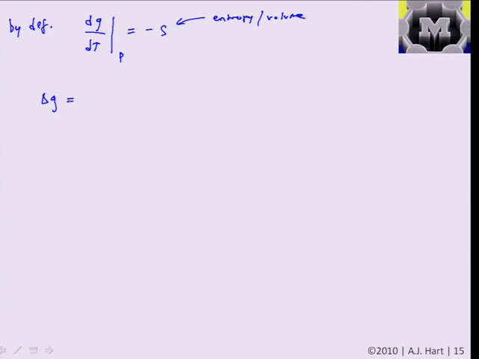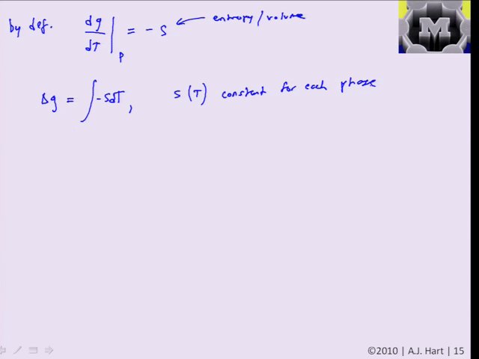and we can say that delta G is equal to an integral between a couple of limits we'll define in a moment of minus S dT, assuming that for each phase, S of T is constant.